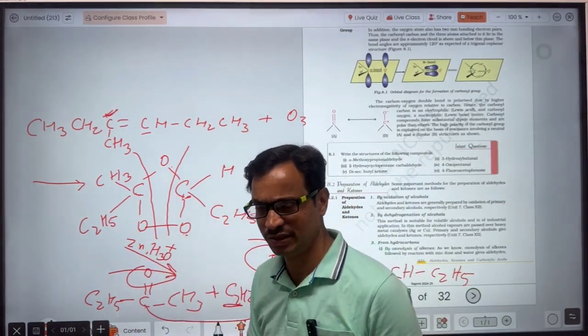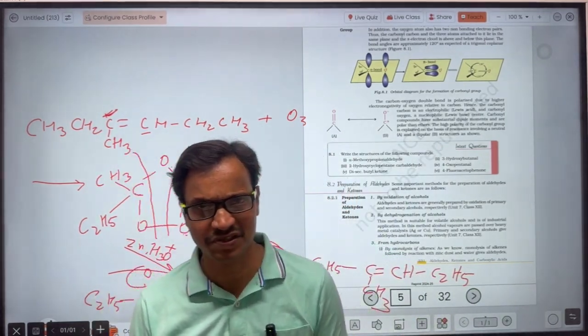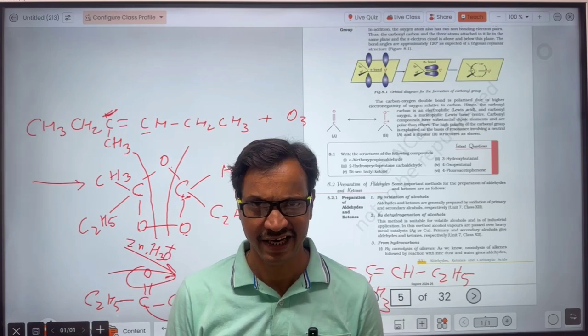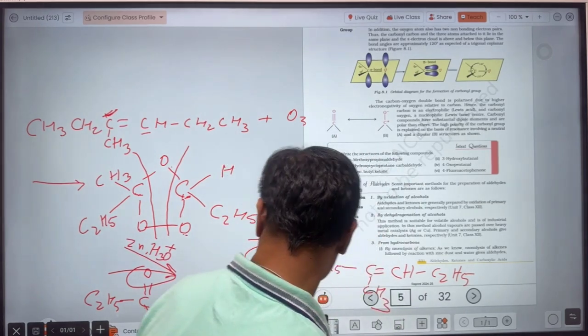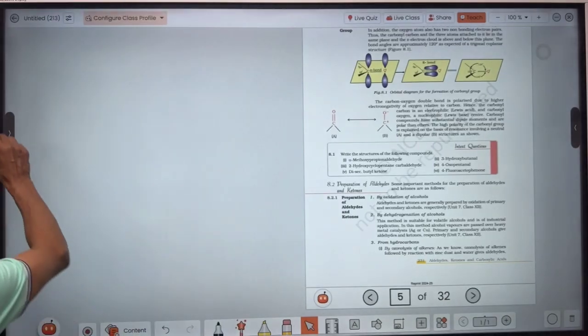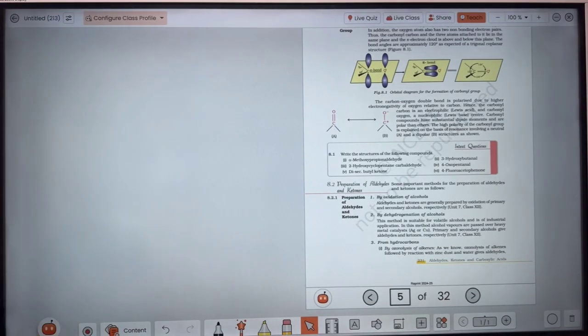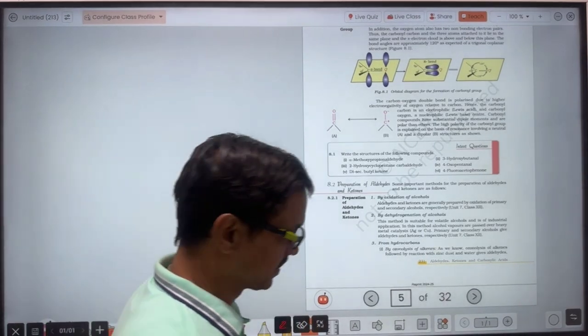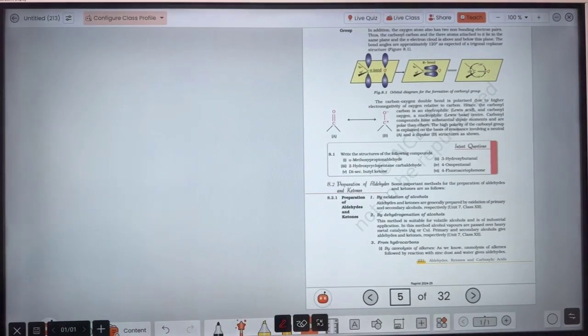In this compound, in the ozonolysis, there will be formation of an aldehyde and a ketone. Now we will discuss a reaction in which we can prepare the ketone, that means both molecules will be ketone. Let's see here.